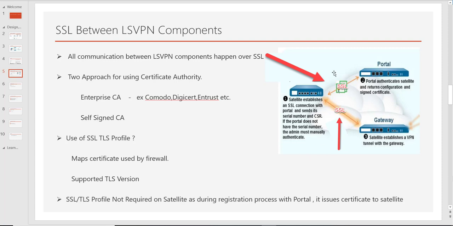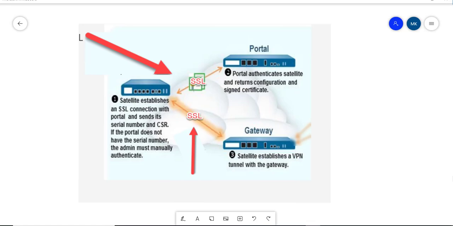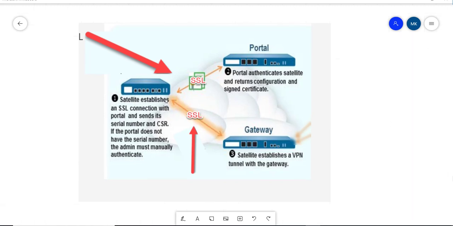As you can see from this screenshot, let me take a snap of this one. As you can see from this screenshot, it is basically a satellite firewall here that we see.